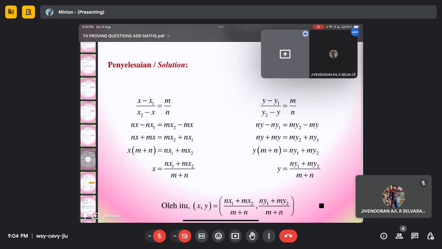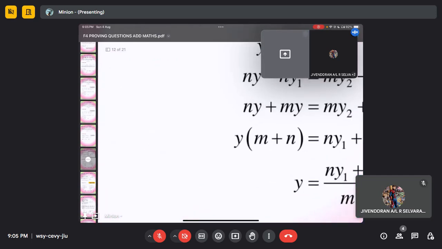So ny plus my. Again, like terms we bring to the left side, non-like terms we bring to the right side. ny plus my equivalent to my2 plus ny1, and then you factorize it. The common thing here is the y, right? So you put y bracket m plus n.